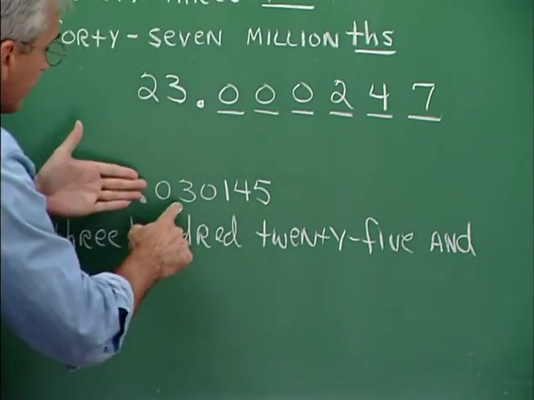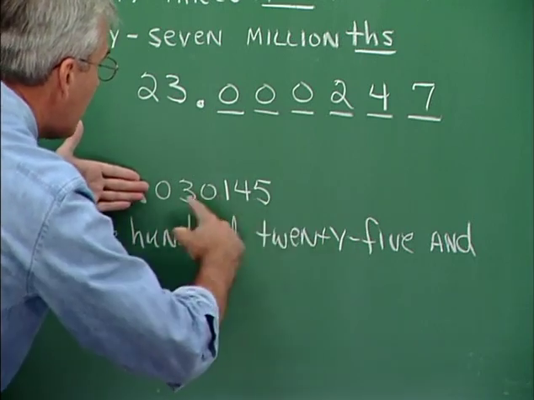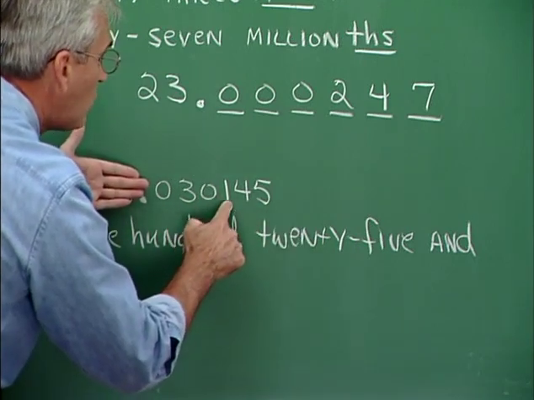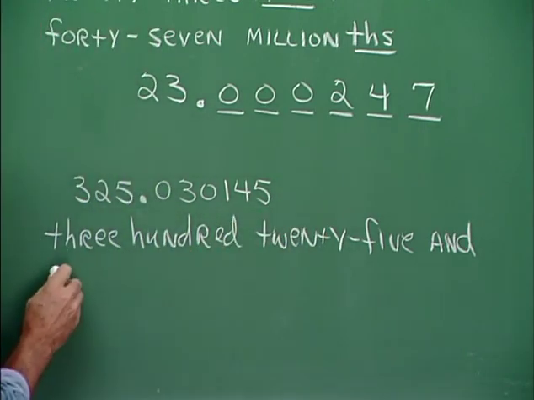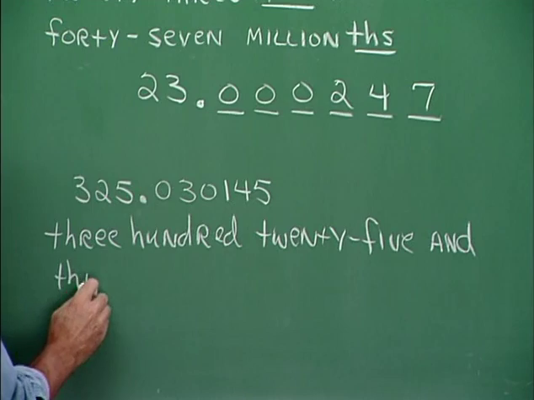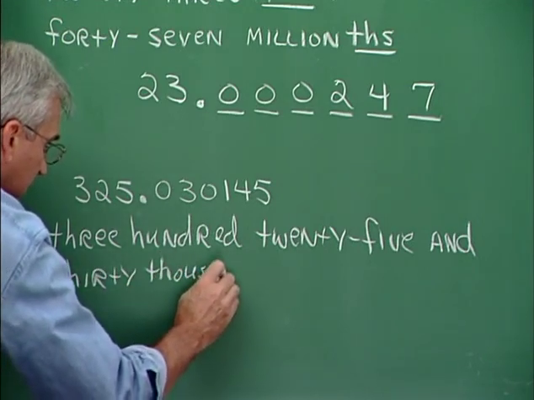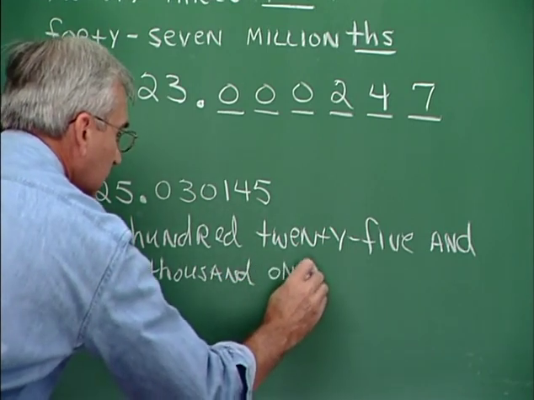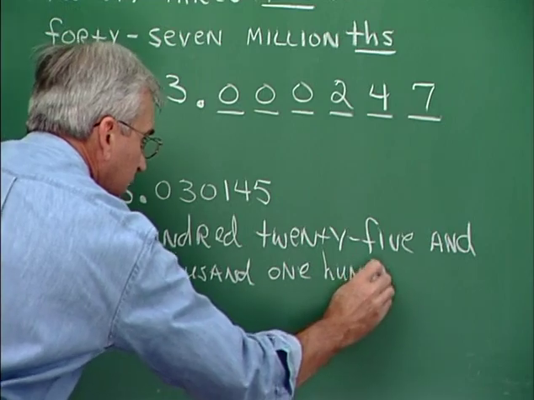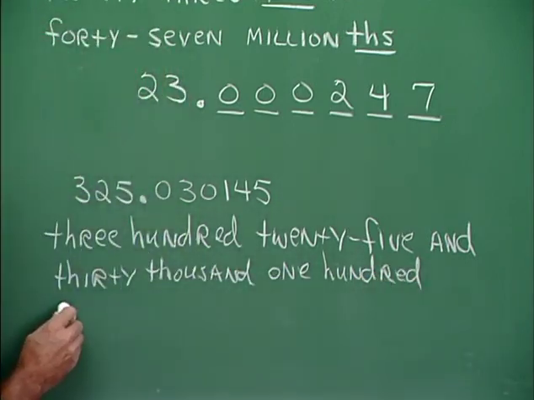So just describing this number without looking at it, this is 30,145. So we would write that down. 30,145, let's come down here.